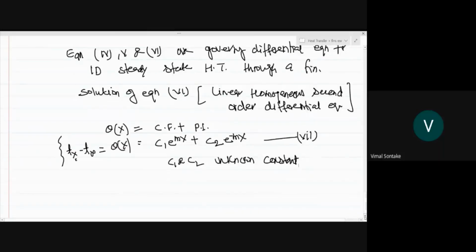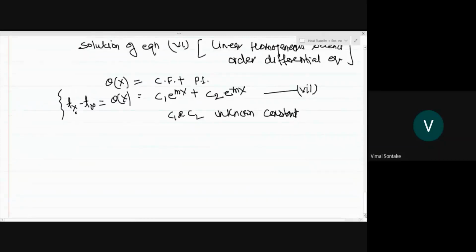So on Friday, we discussed case number 1. What was the case? We found the expression for T(x) for heat dissipation from a fin attached to the base surface of infinite length.